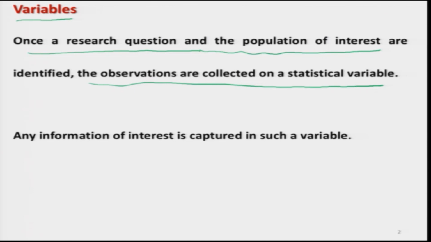Before I go further, I must tell you that there is a strong mathematical definition of these variables, random variables, what we are going to discuss in the further slides. But here my objective is not to go to that mathematical level. My modest objective is that for a beginner, how the things have to be understood.